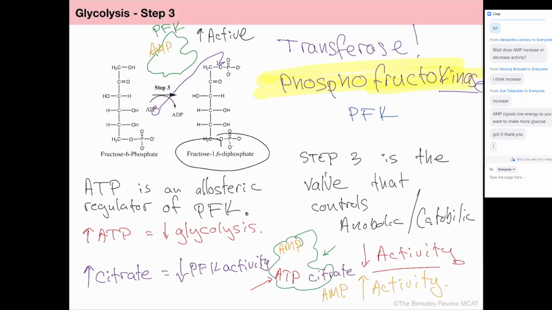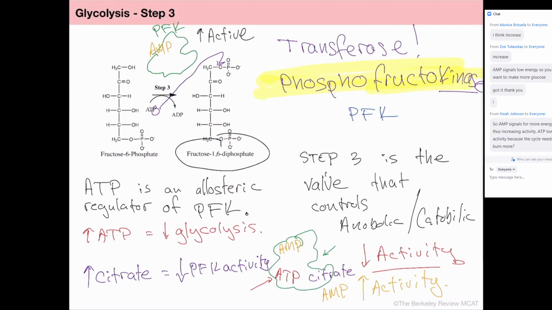This enzyme is very highly regulated. Does anybody want me to stay on this, or should I move to the next step? Any questions? It's a very important step. So AMP signals low energy, thus increasing PFK activity. ATP signals high energy, thus lowering PFK activity.